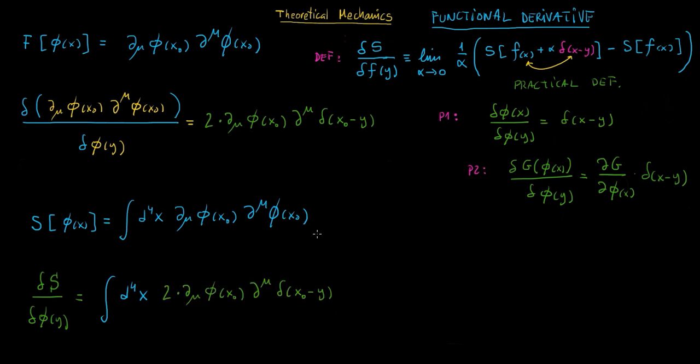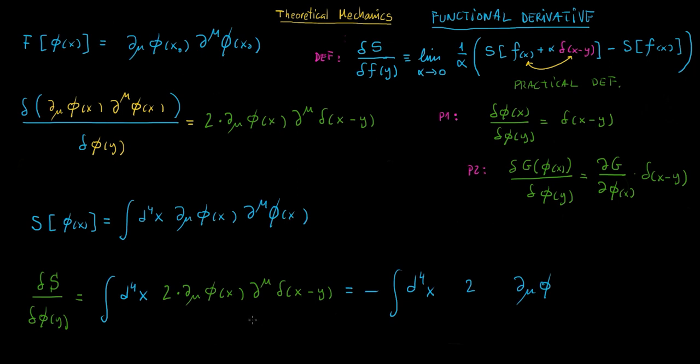So now we can integrate by parts, and we will have minus this integral 2 partial mu phi of, sorry. In this case, this variable x0 is integrated over whole space, which I call x instead of x0. If you want, you can write this thing without the x0, because this 0 is an auxiliary tool.